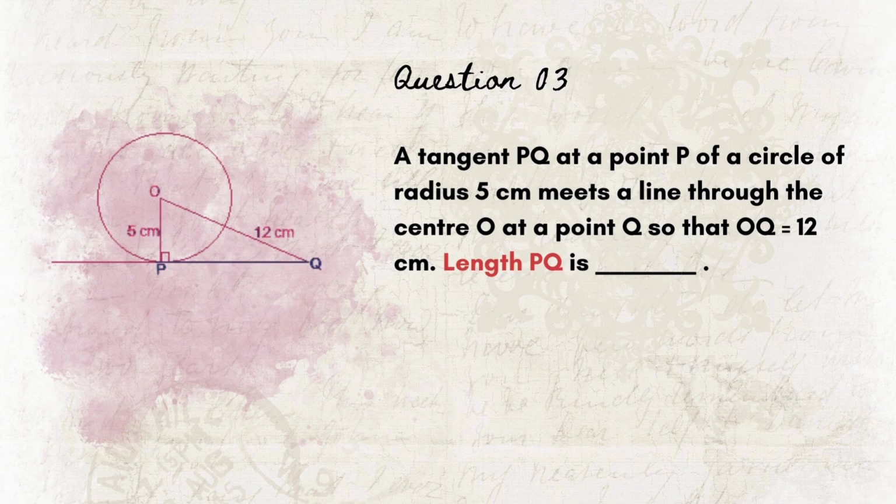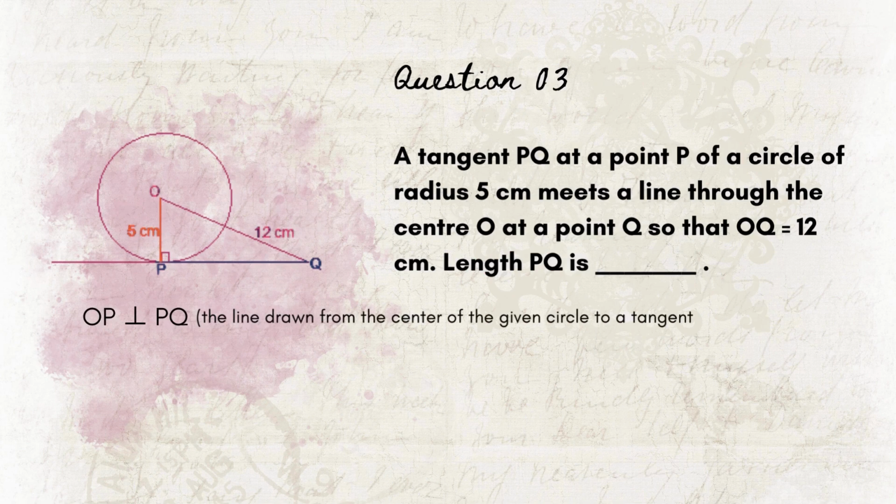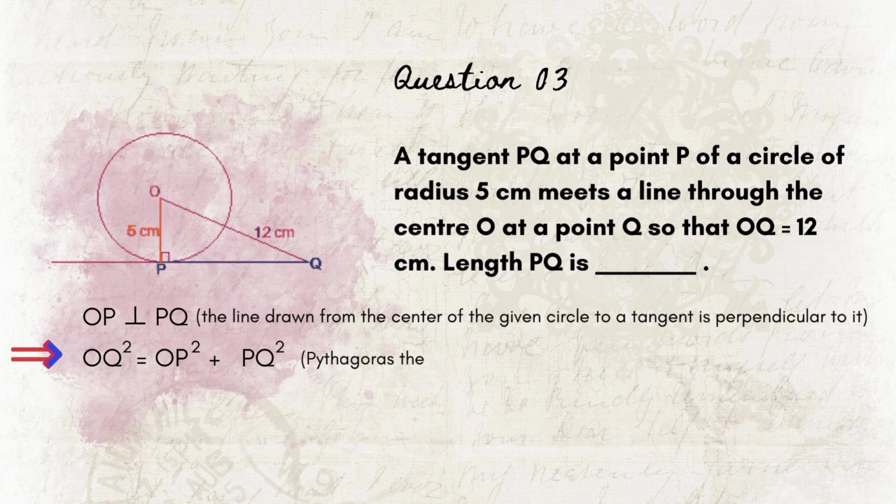Now, since a line drawn from the center of the given circle to a tangent is perpendicular to it, OP is perpendicular to PQ. Now, using Pythagoras theorem, OQ square is equal to OP square plus PQ square.